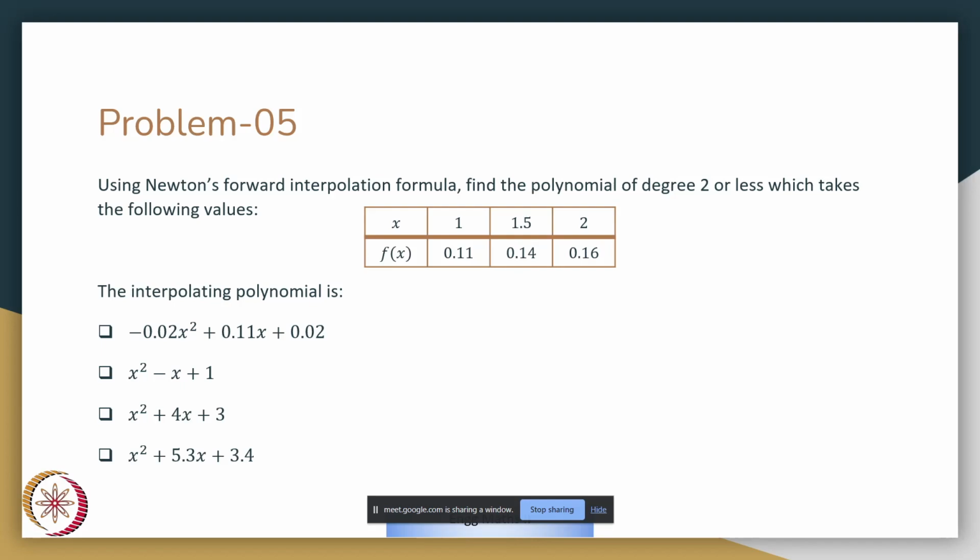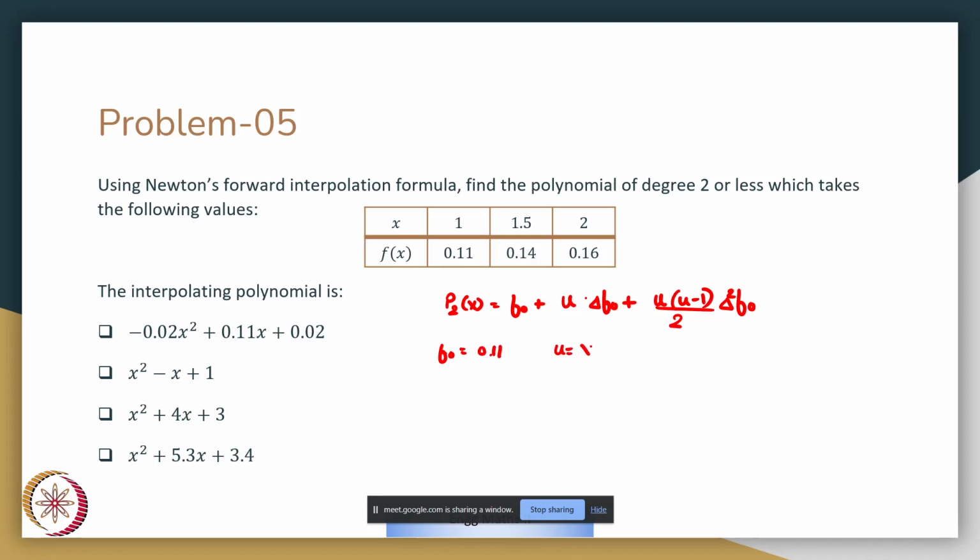So from this example, we want a second degree polynomial. So it is f naught plus u times first forward difference of f naught plus u(u minus 1) by 2 times second forward difference about f naught. In our case, f naught is equal to 0.11.